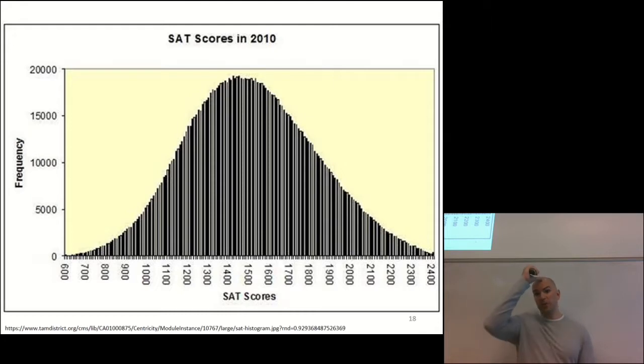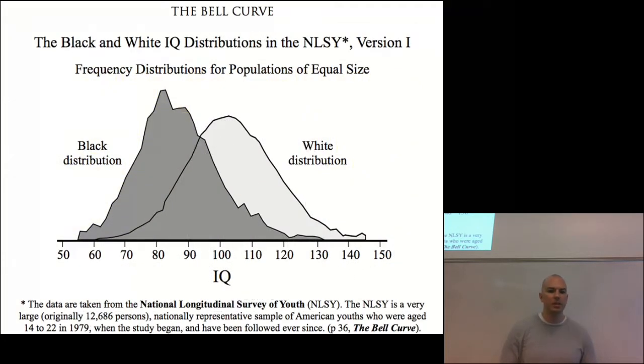And this is important when you see data that has to deal with differences between races or different cultures. So for example, this is a report from 1979.